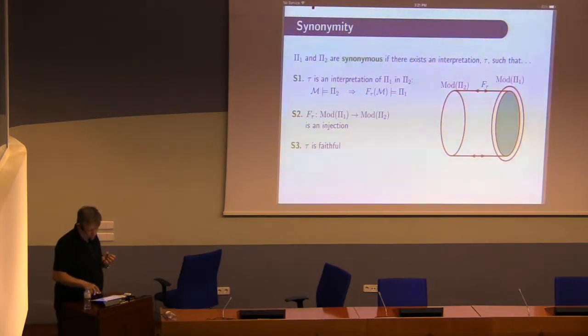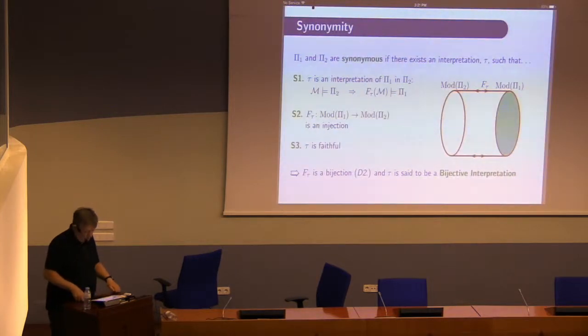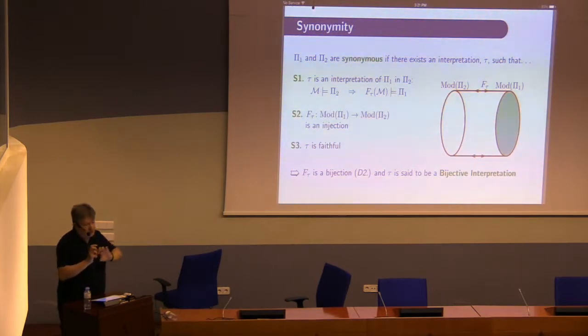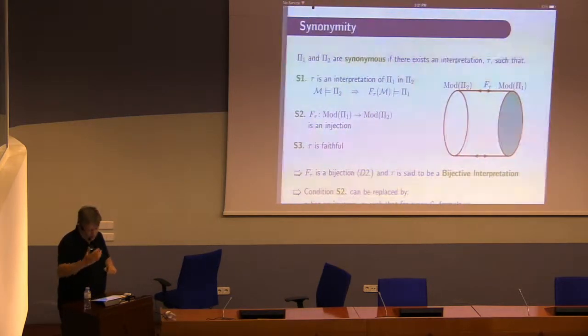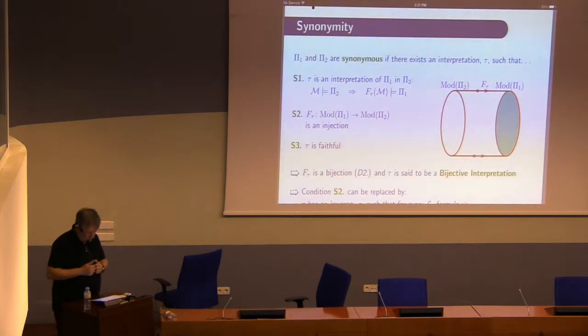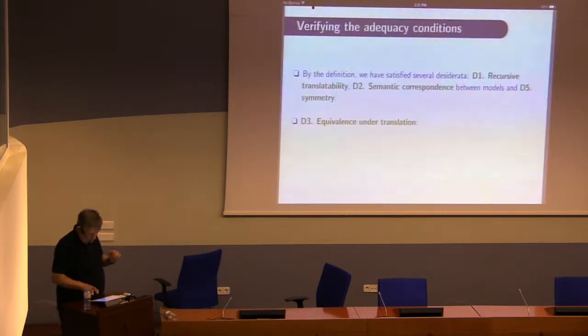Okay, so these are the three things that constitute a synonymy relation, and if we have those three properties, then we call it a bijective interpretation. Then this means that we can translate from one theory to the other and back, and we always preserve all the theorems.